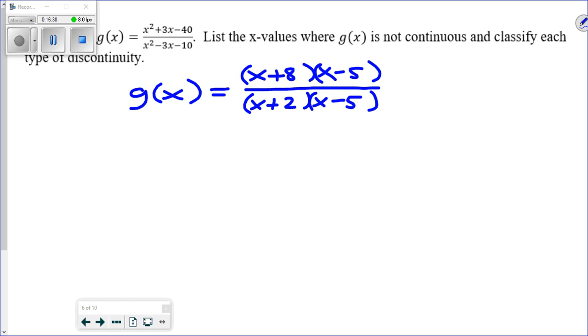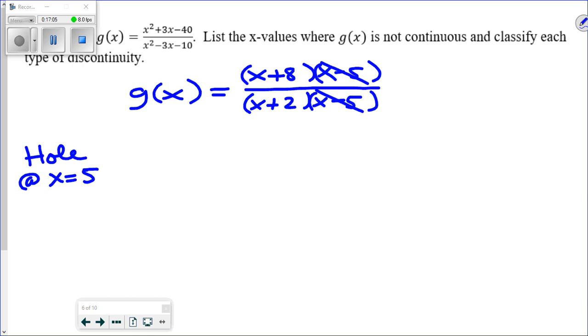And then I'm noticing that we could simplify this because we have x minus 5 over x minus 5. If you think back to your pre-cal days with rational functions, anytime you have factors the same top and bottom, that indicates a hole in the graph at x equals 5. It's always at the 0 of that factor.